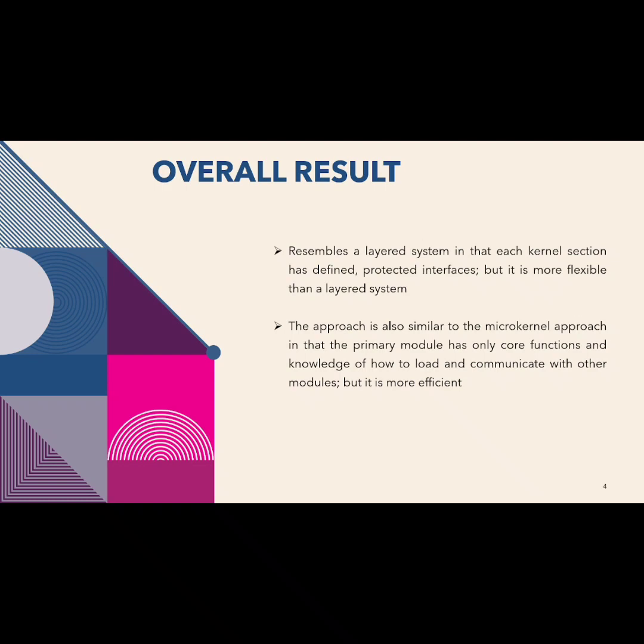The approach is also similar to the microkernel approach in that the primary module has only core functions and knowledge of how to load and communicate with other modules. But it is more efficient. Why? Because modules do not need to invoke message passing in order to communicate.